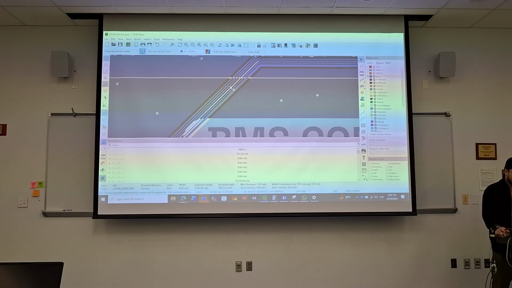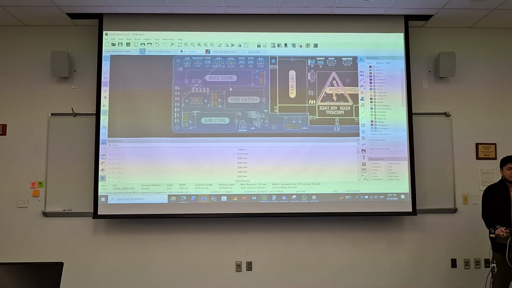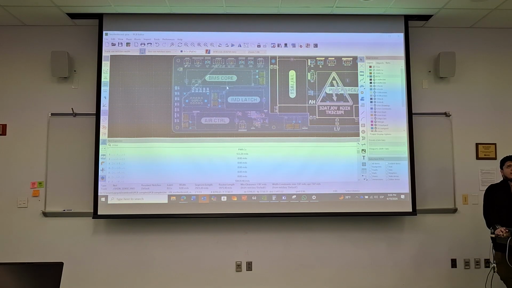But I wouldn't be afraid of adding more layers to this. Because you can get away with, I think, 6 layers for 1.6 millimeters, still reasonable. If you go 8 or 10 layers, you can look at 80 mil thickness.